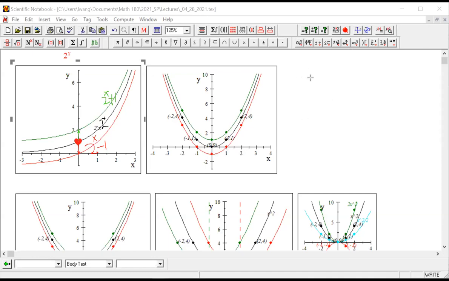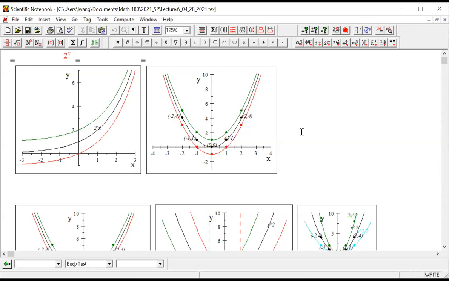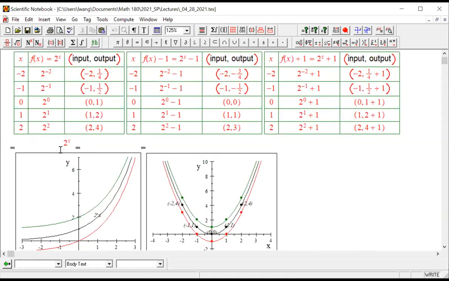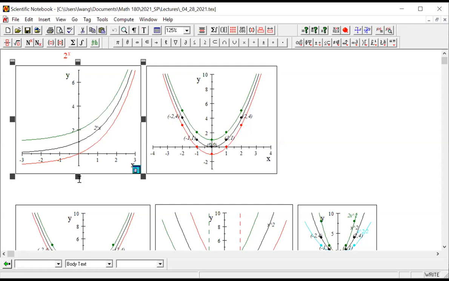Now what we're going to do is make a table. Clean this out. We're going to make a table to see the changes of domain and range. Let's put it at the bottom.